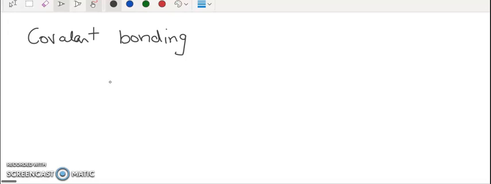So remember, ionic bonding occurs between a metal and a non-metal, whereas covalent bonding occurs between two or more non-metals. Covalent bonding happens when the outer shells of the electrons overlap to create a full outer shell on each of the atoms taking part.